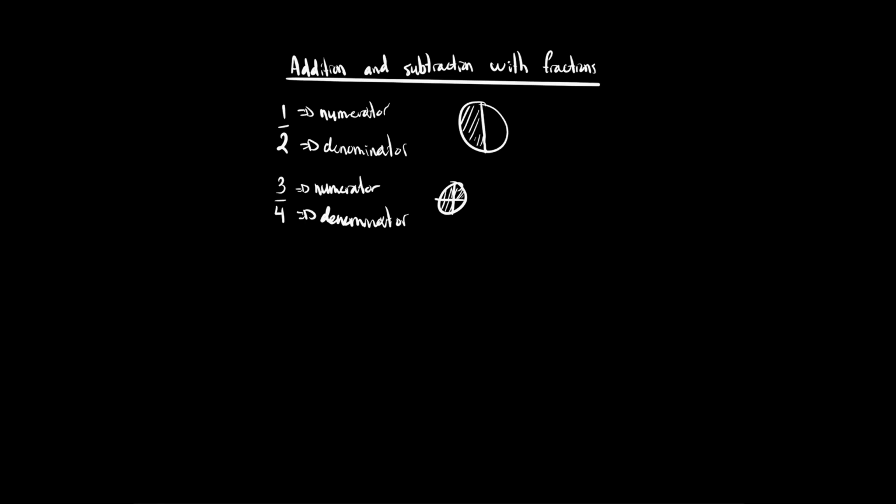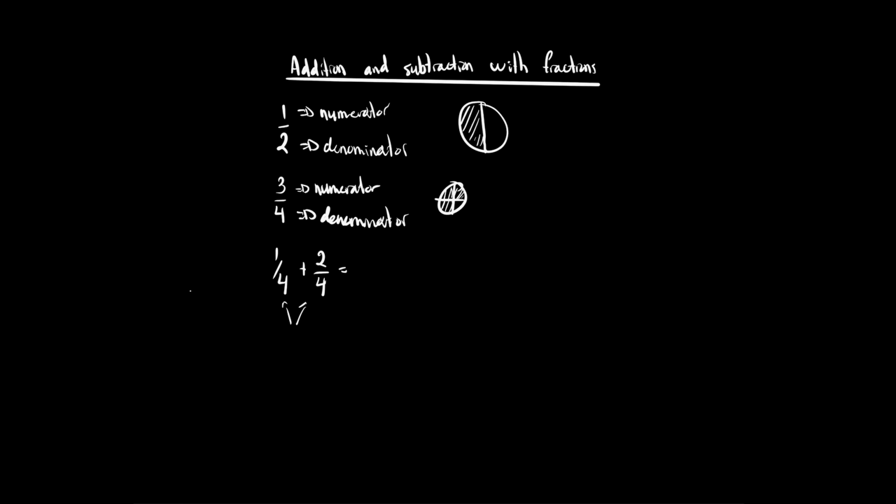Now, when we do addition and subtraction with fractions, it is very important that the two fractions have the same denominator. So let's say, for example, I have 1/4 plus 2/4.